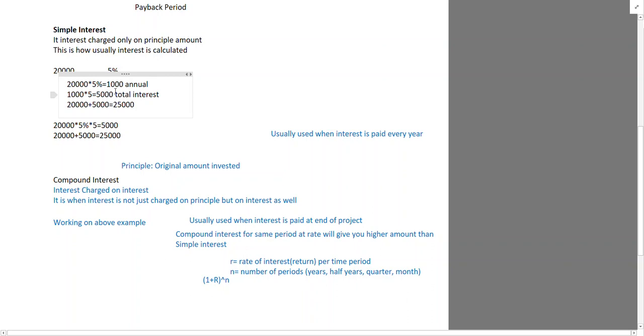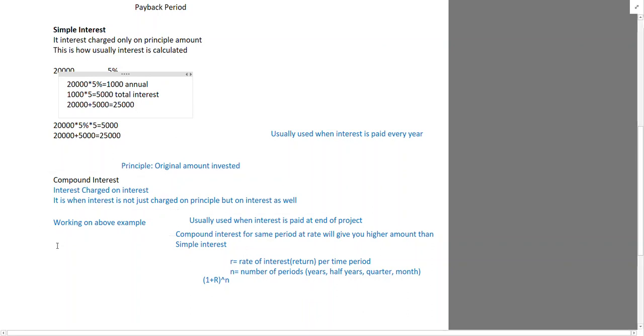Usually, when interest is given every year, let's say I invest 20,000 into a bank and the bank gives me 5% interest annually, and that is given in cash, meaning it is given to me by the bank. Maybe I put it in another account or not, it is my choice, but it is actually given. In that case, that interest would be simple interest.